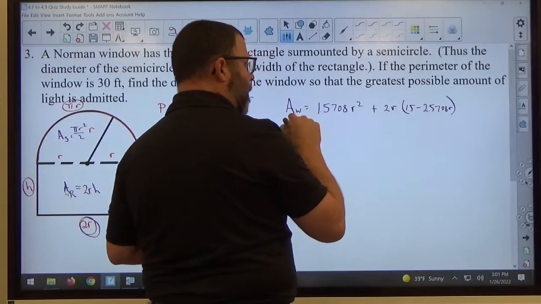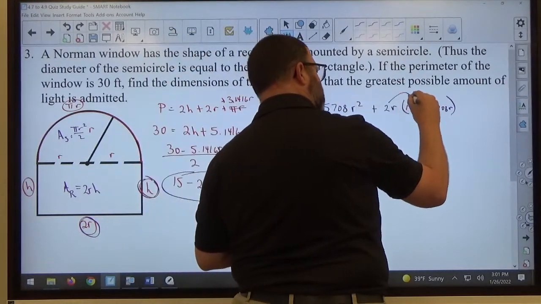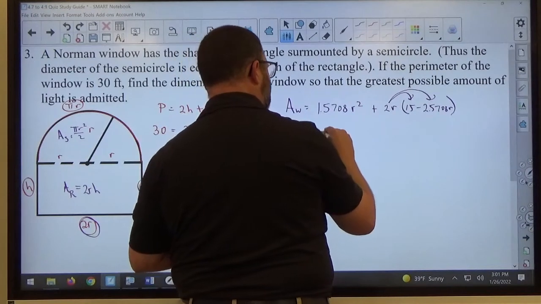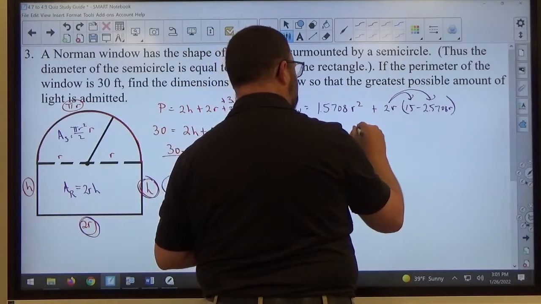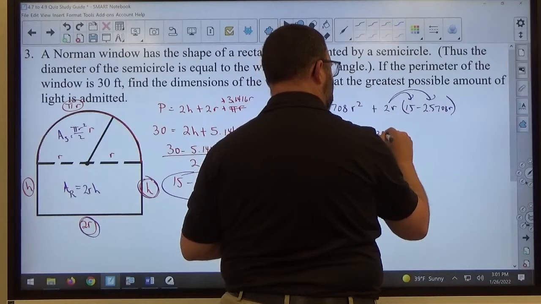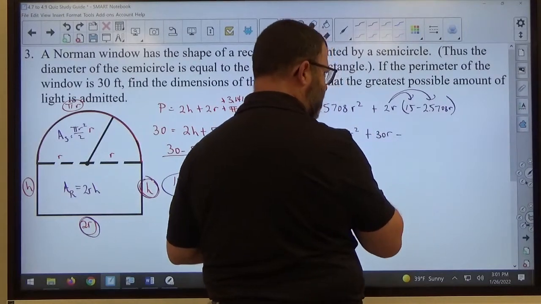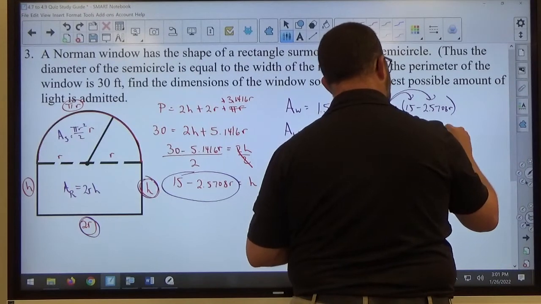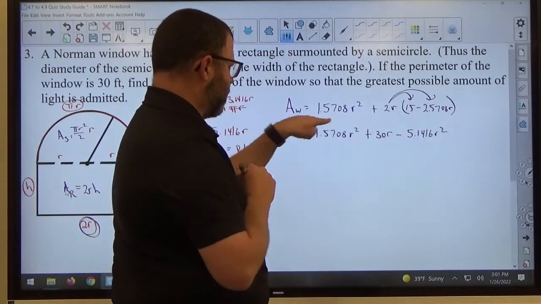So a little distributive property here is going to get me the area of the window is going to be 1.5708 r squared plus 30r minus 5.1416 r squared. Combine like terms there.